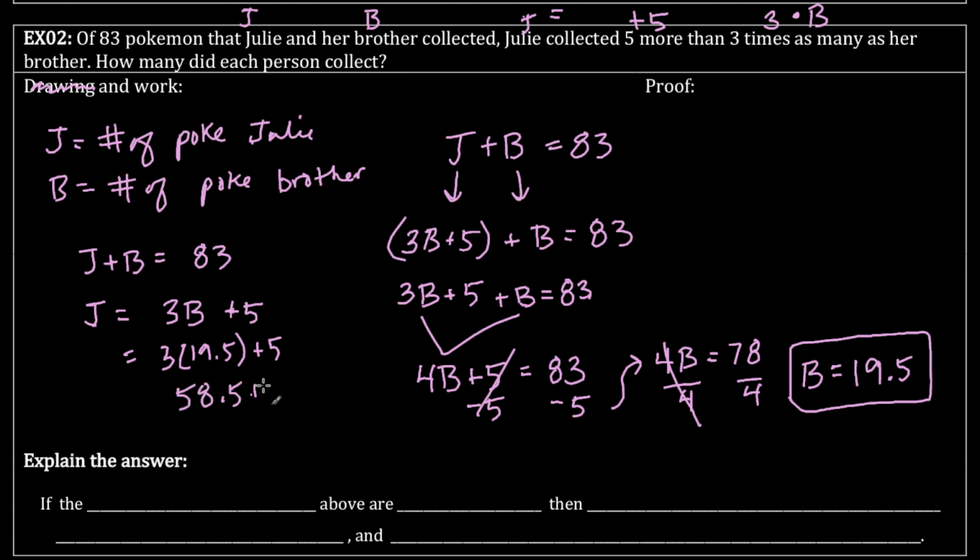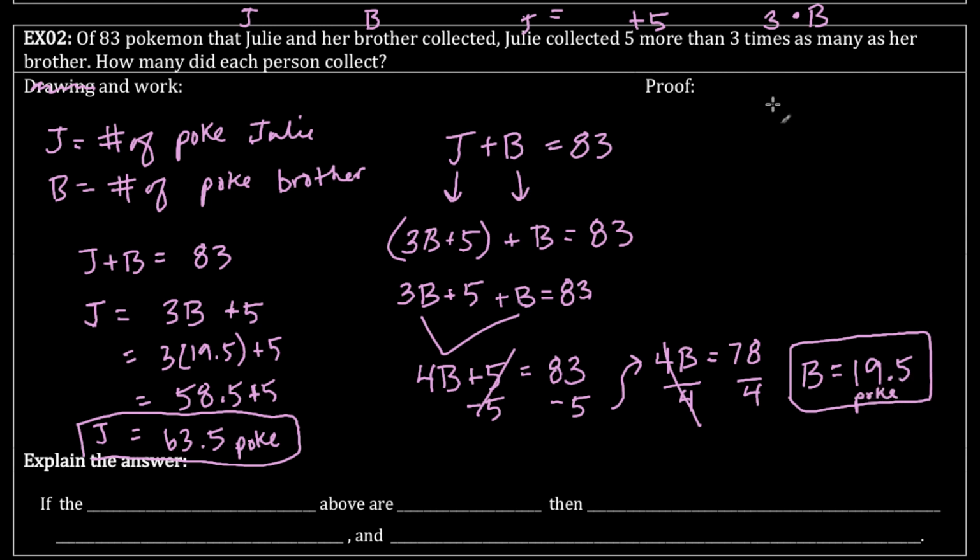Plus 5, and the number of Pokemon Julie collected is 63.5. I should put my units, Pokemon.